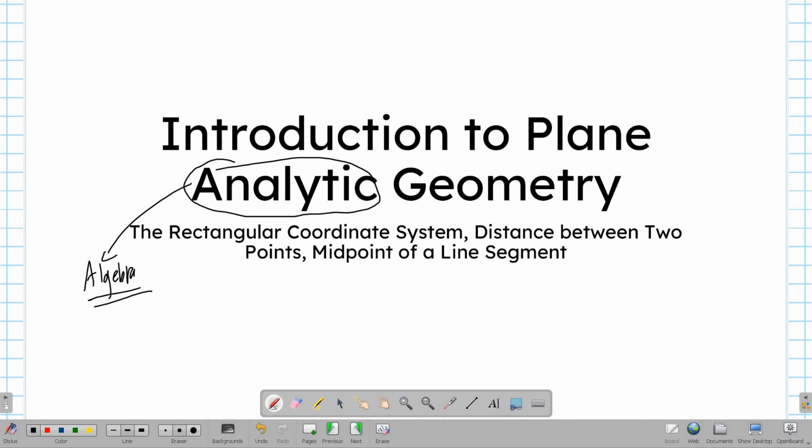And the concepts that we study are about geometry. Hence, analytic geometry would be more of combining geometry and algebra together na merong mga concepts in geometry na i-represent natin through algebraic means.